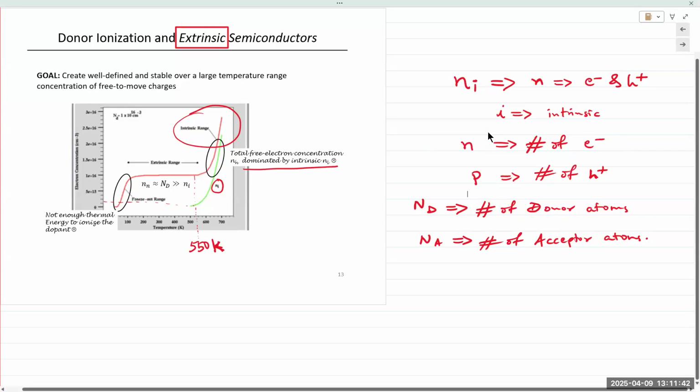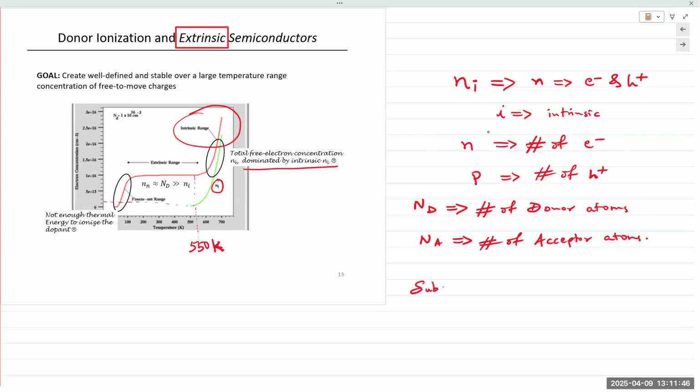And the subscript is used for the type of semiconductor. Okay. So if it's an N-type semiconductor, what does it have an excess of? What kind of charge carriers are available in excess?